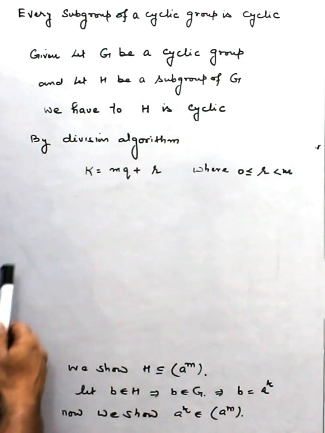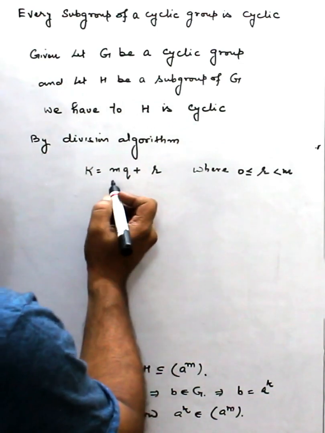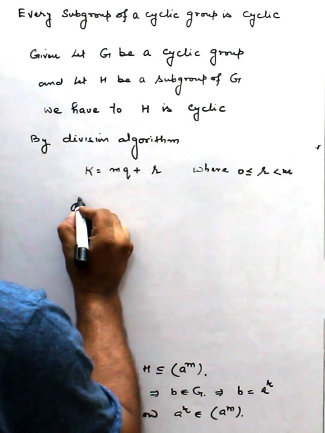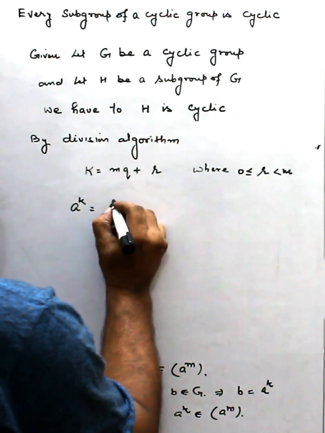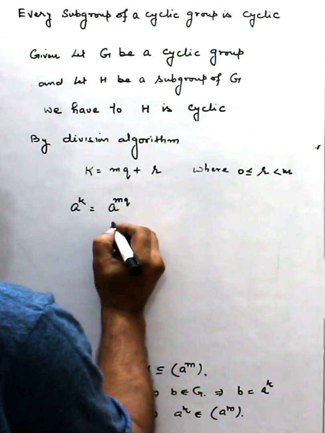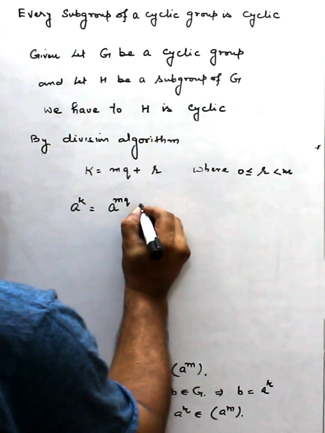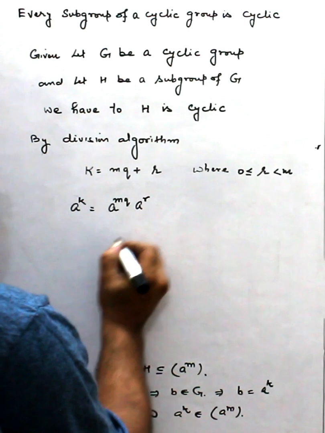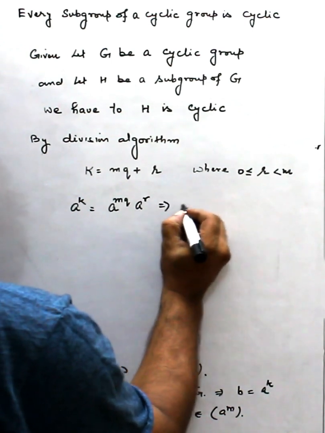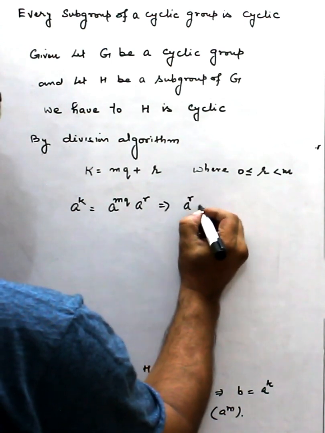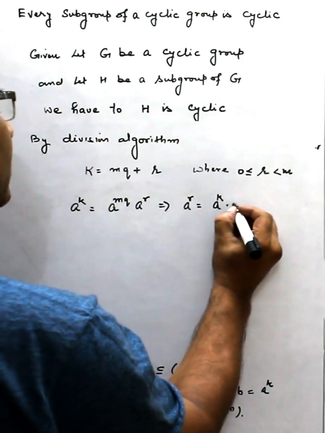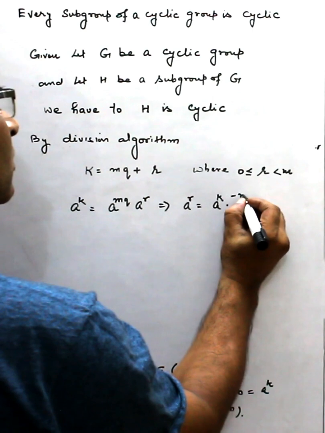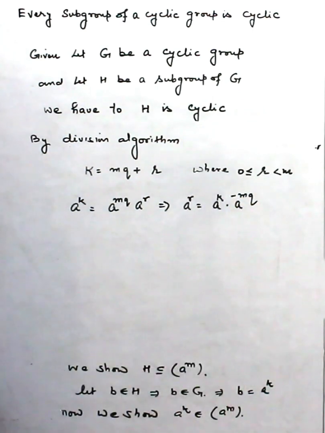This is by division algorithm. Now taking base a, we have a^k is equal to a^(mq) a^r, and from this I can write a^r is equal to a^k times a^(-mq).